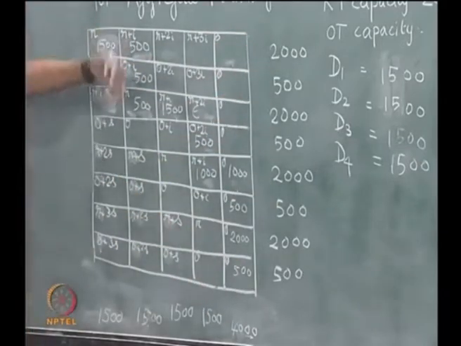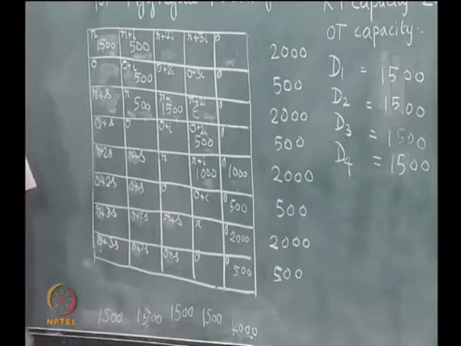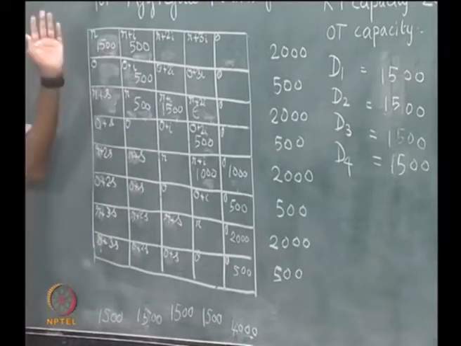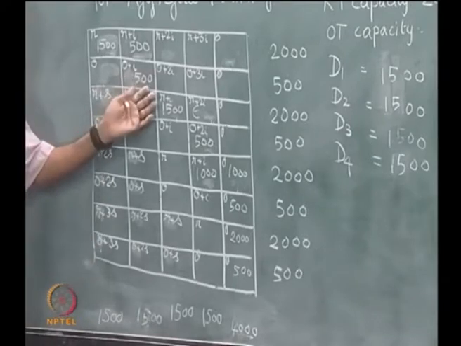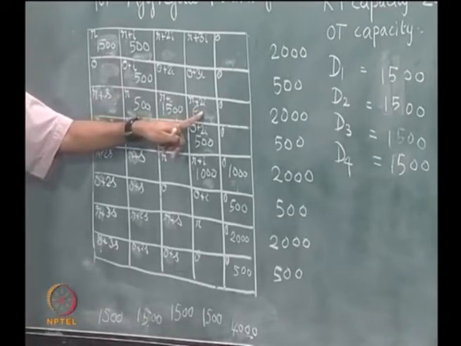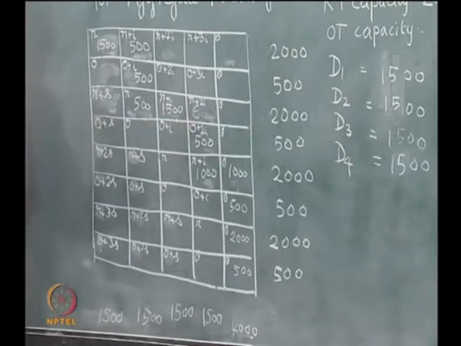So, it is 8 into 5, 40. The transportation should have 12 allocations, m plus n minus 1, but in this case it has 11, but we have added an epsilon to get 12. So, there are 12 basic variables and 28 non basic variables.